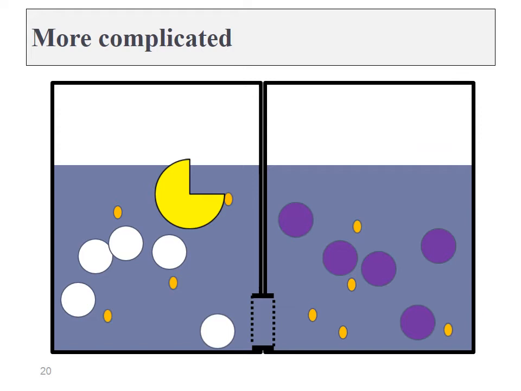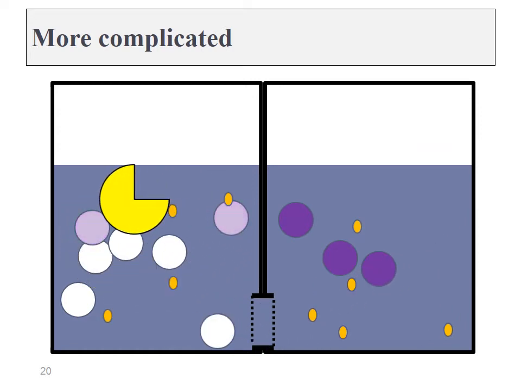The purple one still can, so purple molecules will move over to the left side of the chamber, and as they do, they would get converted into white ones because of this enzyme. So I would maintain this concentration gradient until all of the purple molecules had moved over to the left side of the chamber and been converted into the white ones.